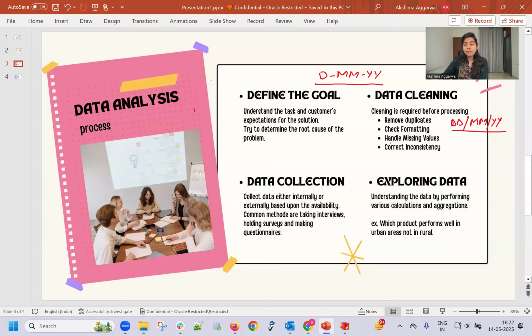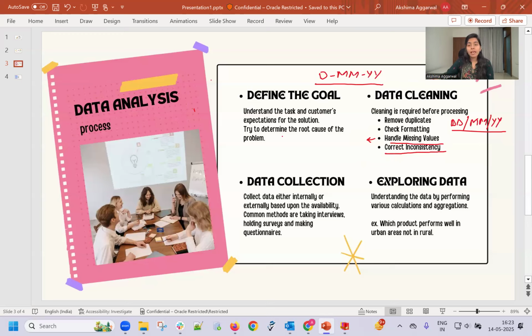Third is handling missing values. Sometimes we don't have a value for a particular column, so we don't write any value in it. So we need to identify those values also, so that for analyzing the data, we need all the values, right? And the last is inconsistency. Now, what is inconsistency in the data?